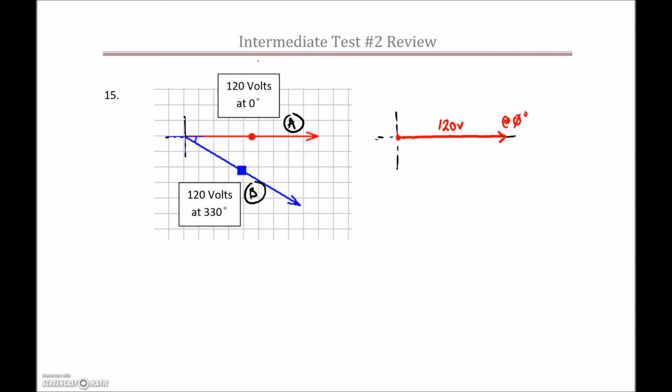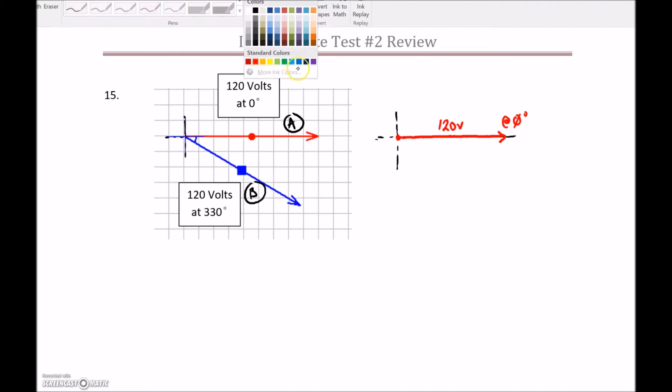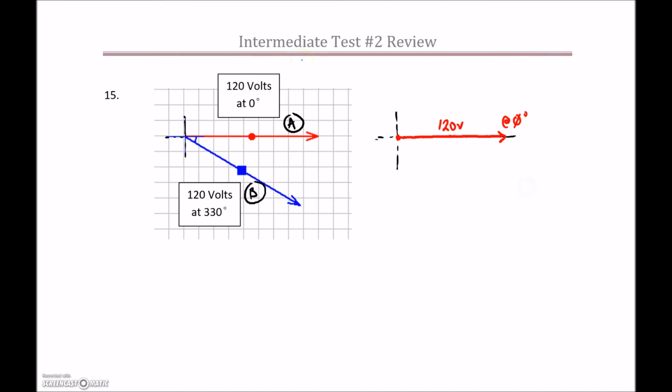And then I'm going to take this one right here, the B vector, the blue vector, and I'm going to draw it so it is tip to tail with the previous vector. So I'm going to create like a parallelogram there. So that guy goes in here like this, and this would be our B vector, and it had a value again of 120 volts, but the angle here was at 330 degrees.